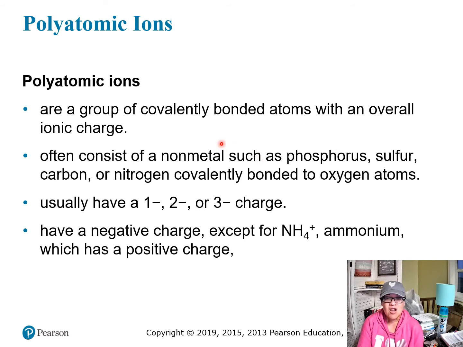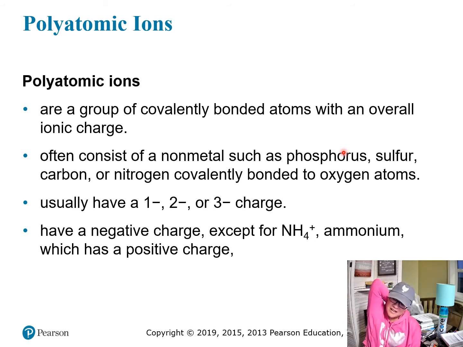Polyatomic ions are overall an ion, so they overall have a charge, but they are made of covalently bonded atoms. They usually have nonmetals in them, so they usually have phosphorus, sulfur, carbon, or nitrogen, and also oxygen. And these are usually negatively charged.